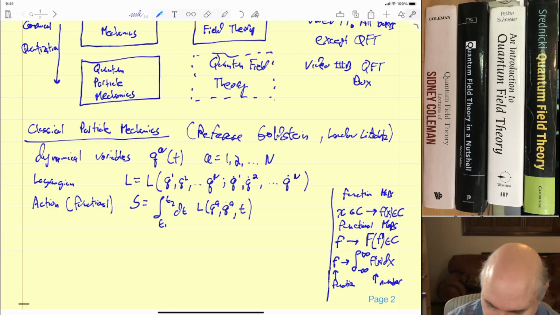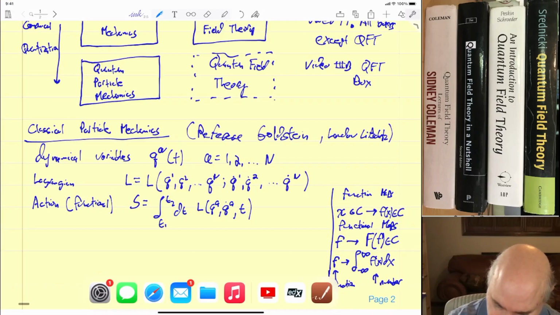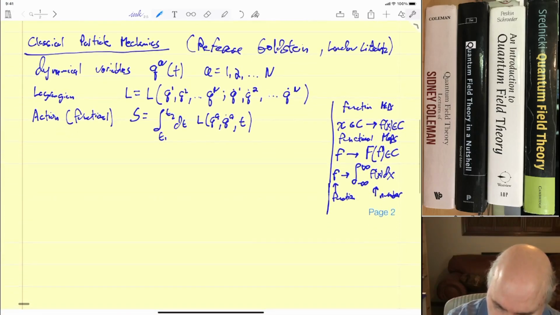And it could be an explicit function of time. Now, as you might remember, Hamilton's principle.